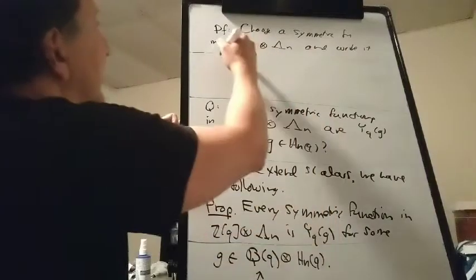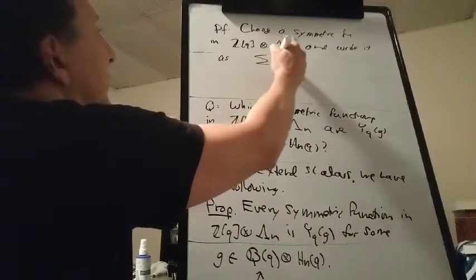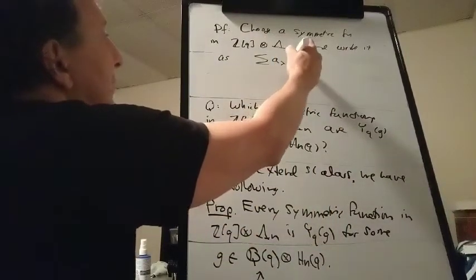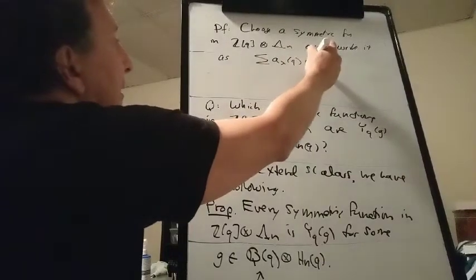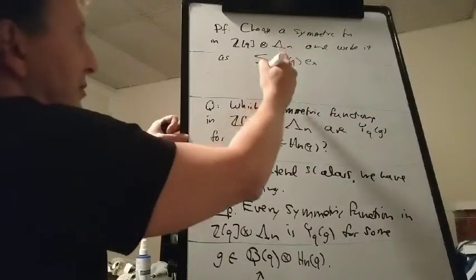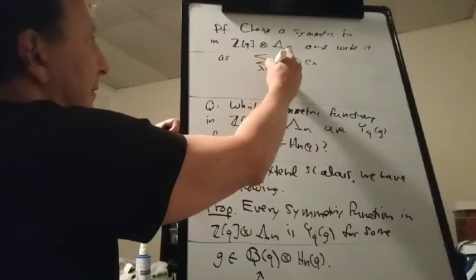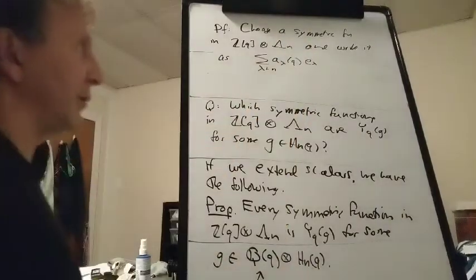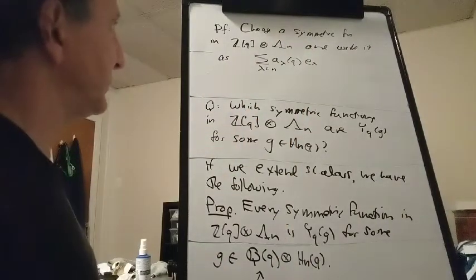So we'll write it as a sum of a_lambda of q times the elementary symmetric function e_lambda. So these coefficients can be polynomials in q.